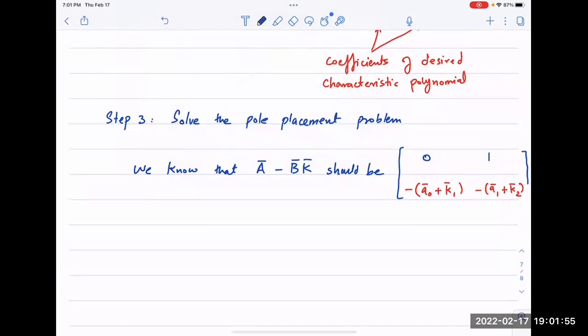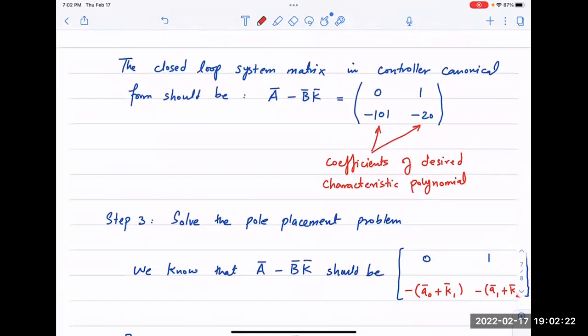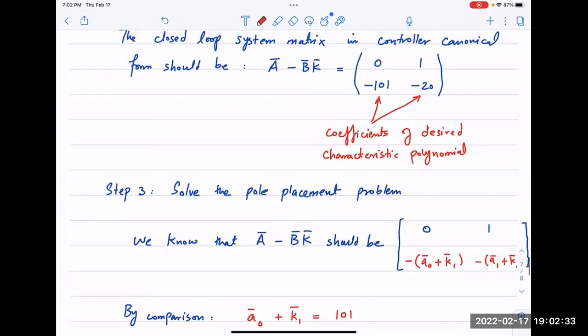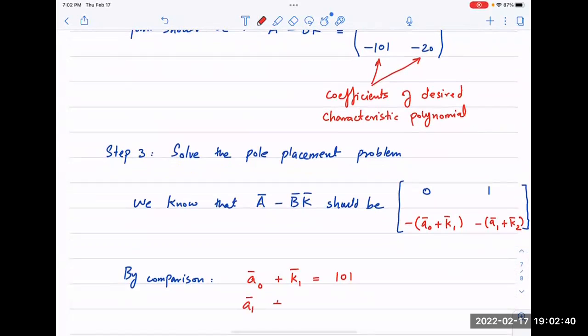So that should be the form. By comparison, we see that A0 bar plus K1 bar is 101, and A1 bar plus K2 bar is 20.